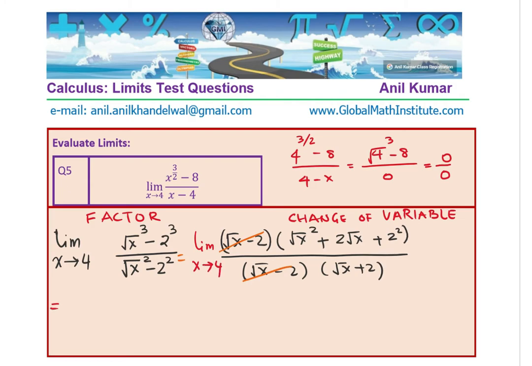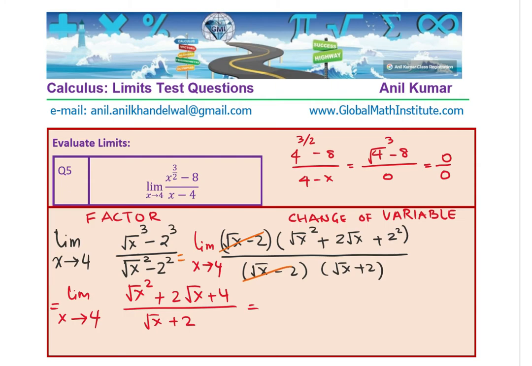So we now get the limit x approaches 4. Since one of the factors cancels, we have square root of x squared plus 2 square root x plus 4, and here we have square root of x plus 2. Substituting 4 is not a problem now.